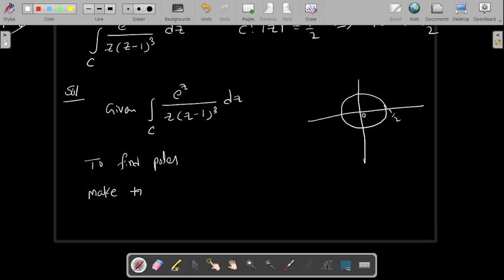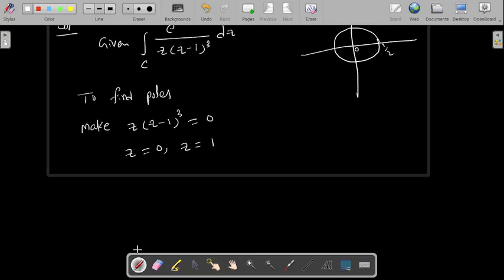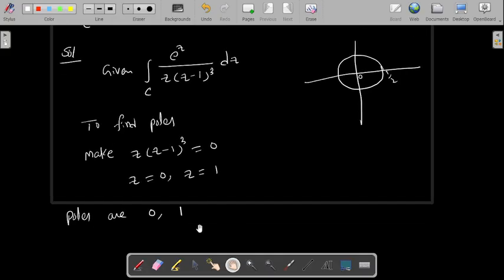So z into (z minus 1) whole cube equals 0, so z equals 0, z equals 1. You got two poles, 0 and 1. Now when you apply Cauchy residue theorem, you have to see which pole is inside. Only inside poles you have to consider.